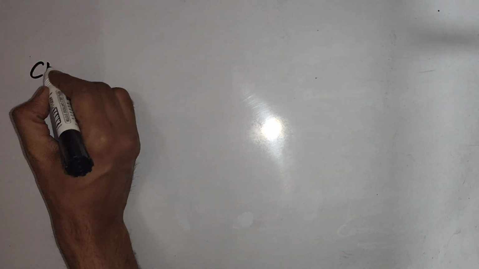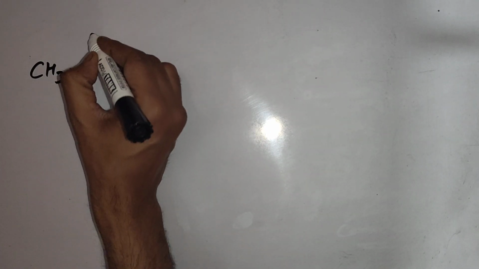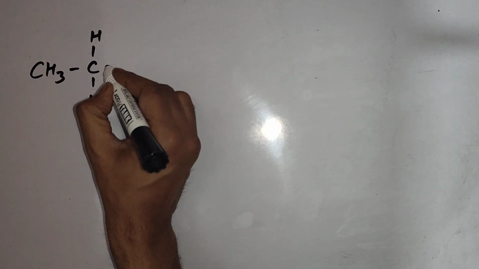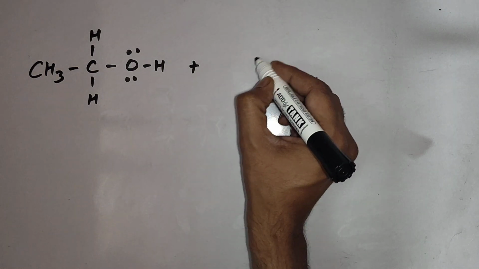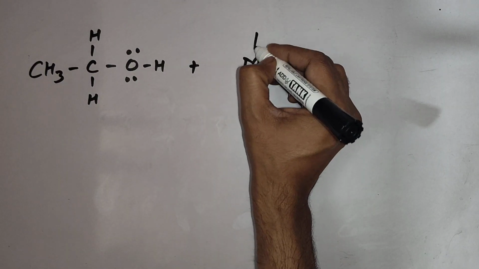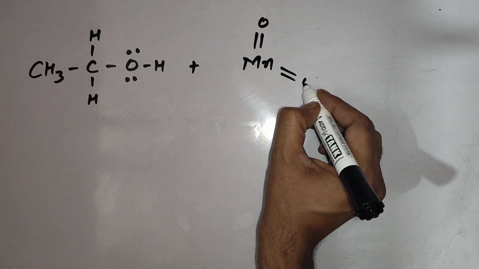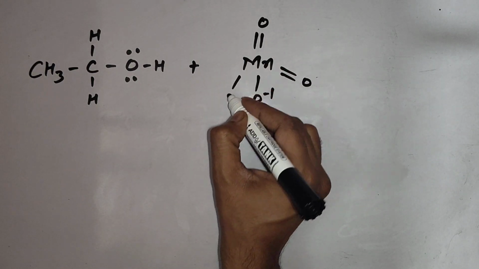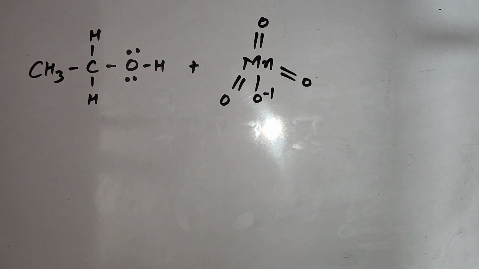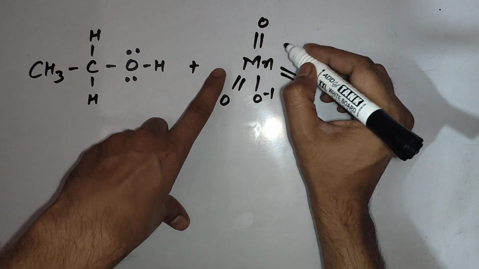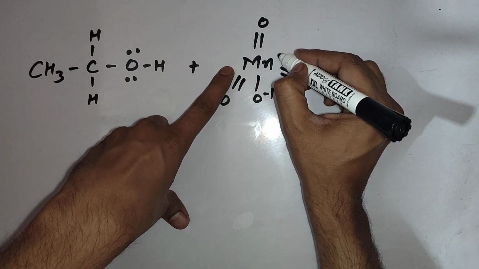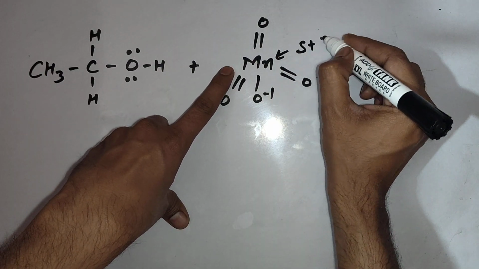I am using first a 1 degree alcohol. This is the 1 degree alcohol. This is MnO4 negative. Here, in MnO4 negative, the Mn carries a partial +7 charge.